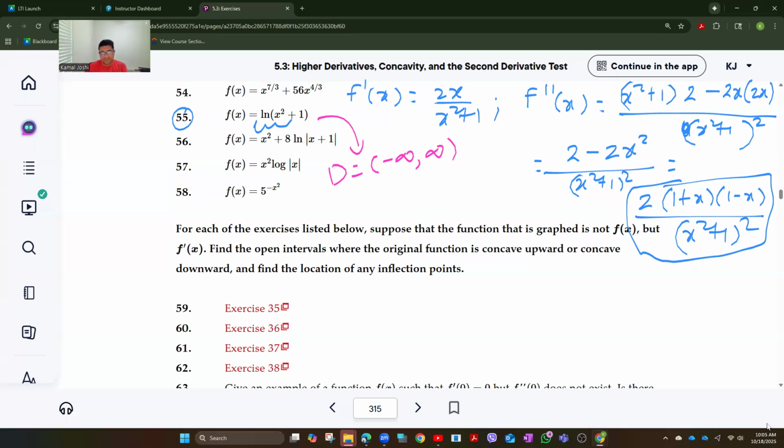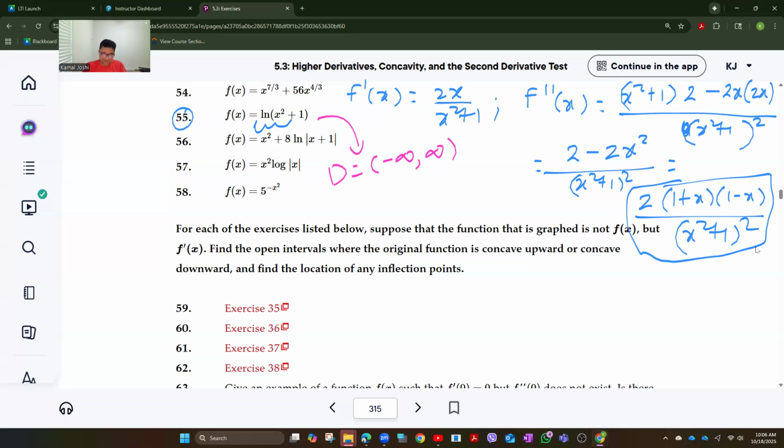And this is an even function. For plus x and minus x, when you square, you get the same thing. So you are going to get symmetry with respect to the y-axis. Basically the entire domain, so domain-wise, no issues. You might think there might be points to consider as critical numbers, but that's not going to happen because the denominator in the first derivative and the second derivative is x square plus 1, and that is not going to be 0.